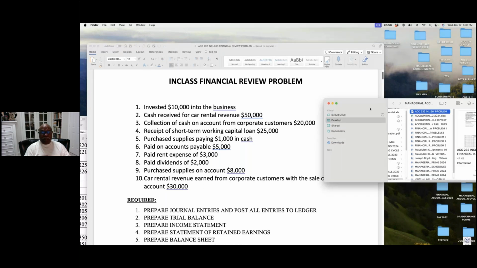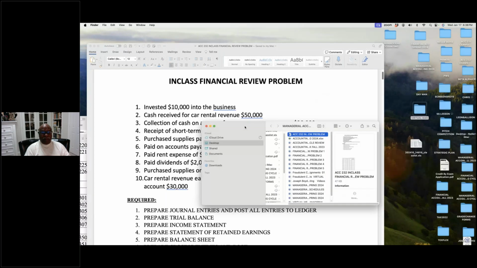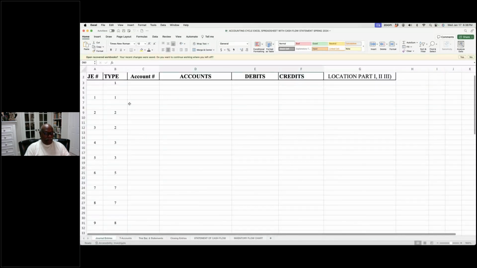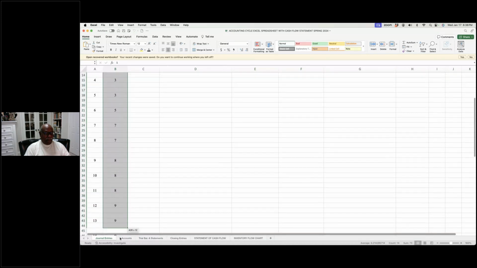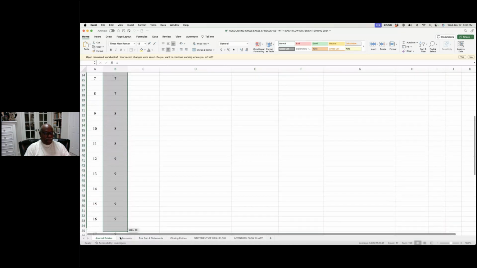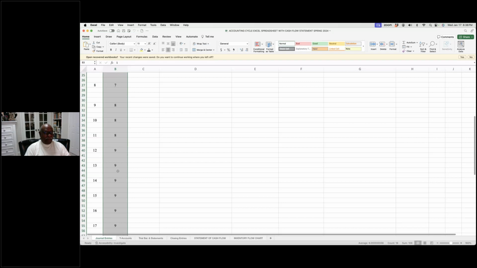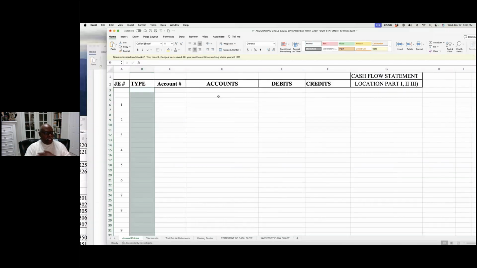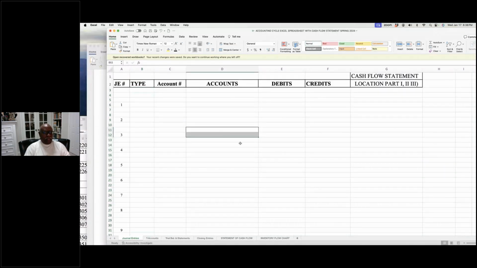And you're supposed to have pulled up what? You're supposed to have your Excel spreadsheet pulled up. An Excel spreadsheet is just what we use in accounting, and it adds and subtracts for us. And so the first sheet is journal entries.